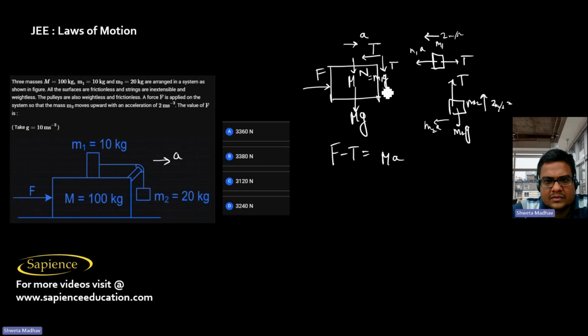Here some normal reaction will also act, which is normal reaction N2. I can say F minus T minus N2 is equal to Ma. N2 will be equal to M2 into a.